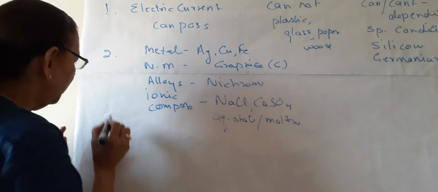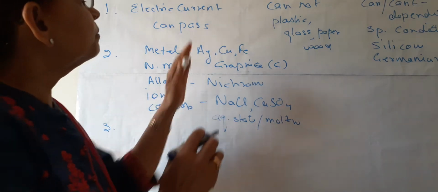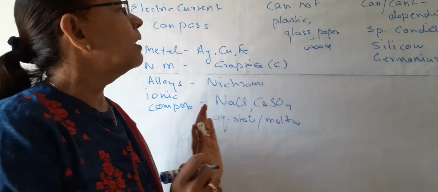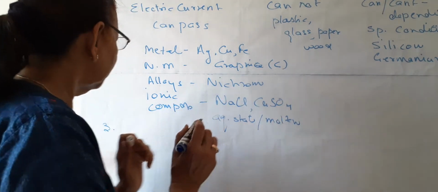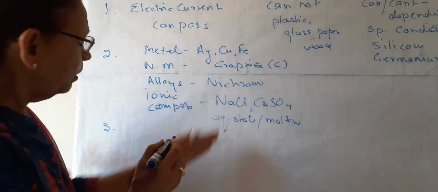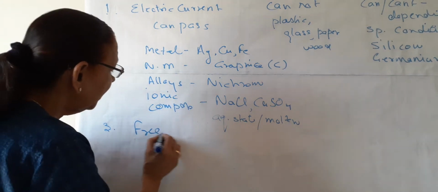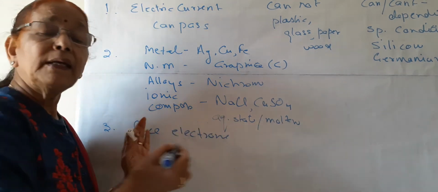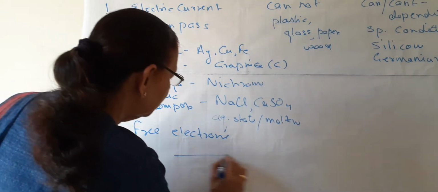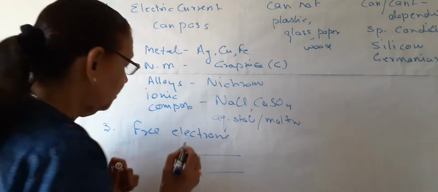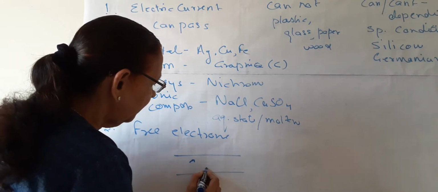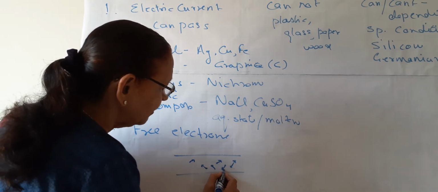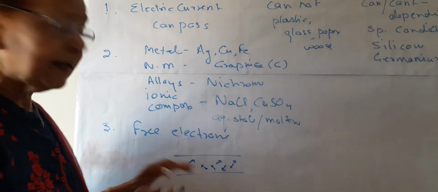Now the third point: why electricity is passing through metals and is not passing through glass or plastic. The important thing is that metals have free electrons which are moving inside the object. Suppose this is a copper wire. So the electrons of copper are moving haphazardly, freely in all directions. Why are they moving in all directions?